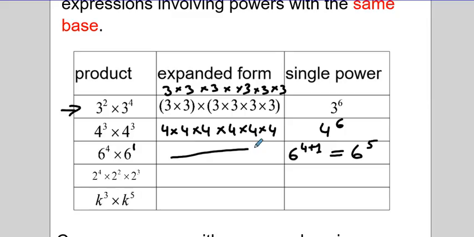Now the next one, the bases are the same. What would be the final answer? I'll write that process here. So we have 4 plus 2 is 3, which is 2 to the power of, yeah.